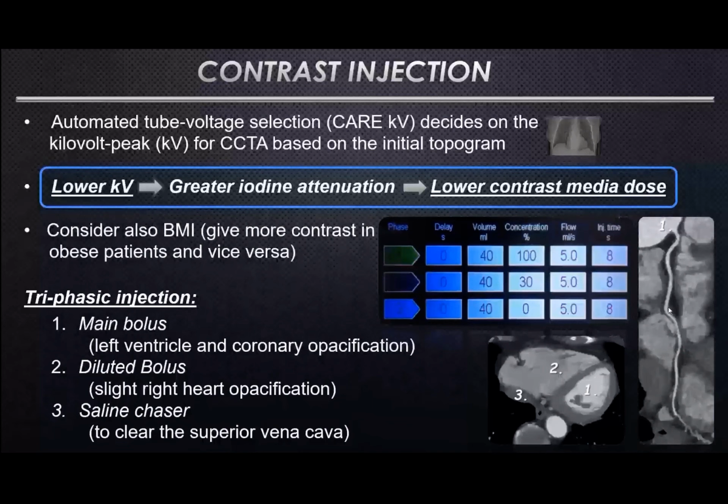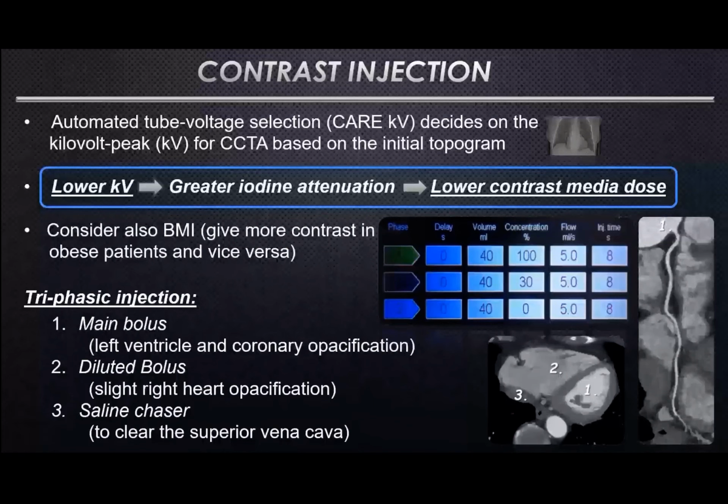So you also have a slight right heart opacification that allows for right heart assessment, and this is followed by a saline chaser to clear the superior vena cava. So in the end, you see on this image the clearing saline chaser.